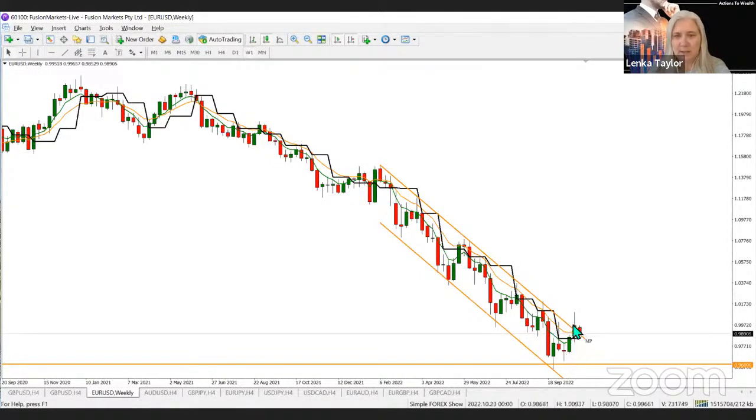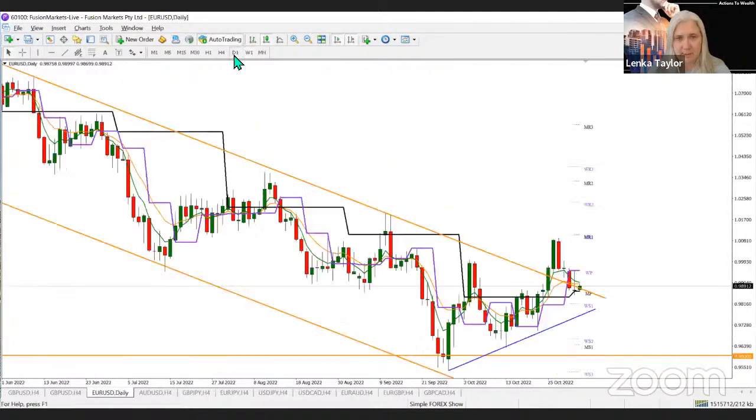But on the weekly, we did have a little break above that previous channel that was going downwards. So I'm looking for a retest of that and then to look for long opportunities from that. On the daily, we had a couple of closes above that channel. Now we're seeing that pullback down to the top of the channel.